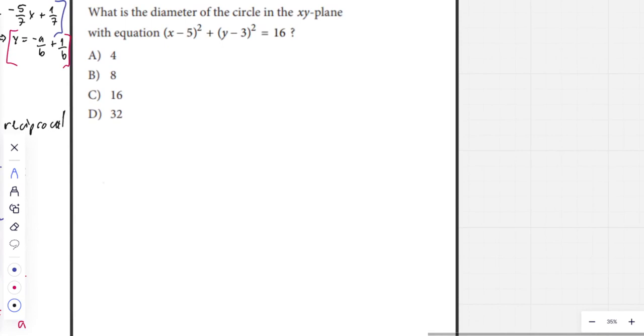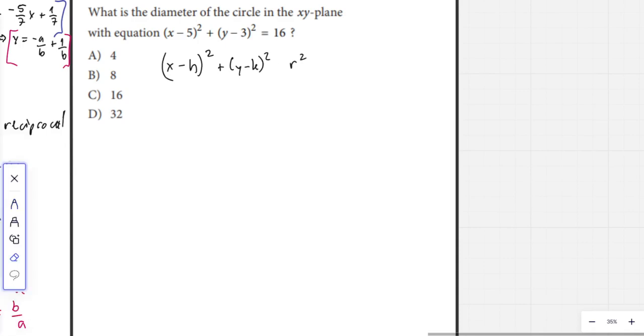Next one's not too bad if you're familiar with your standard equation of the circle. Diameter of the circle in this plane, well, the standard equation of your circle is going to be x minus h squared plus y minus k squared equals r squared, where h comma k is the center of your circle.